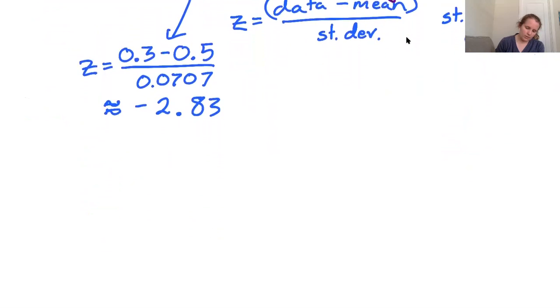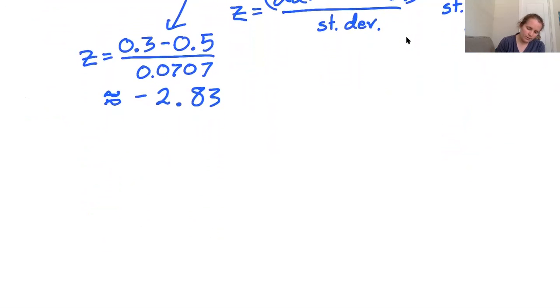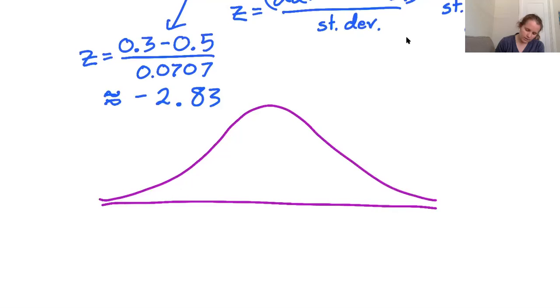So in our picture, with this new translation to z-score, we are now looking at negative 2.83 and looking to the left.